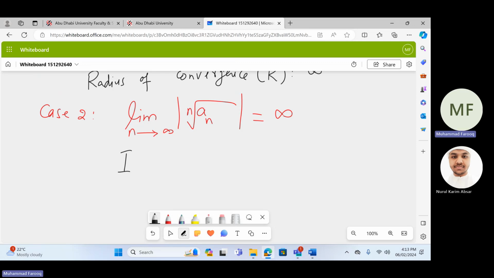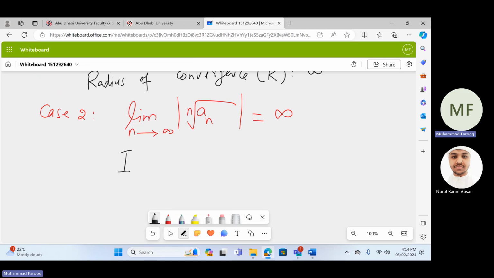What is that point? I need the interval of convergence, only that part where the power series converges. In this case, the series diverges everywhere except one point. So on which point does the power series converge?